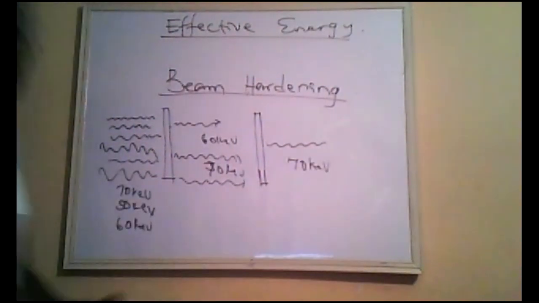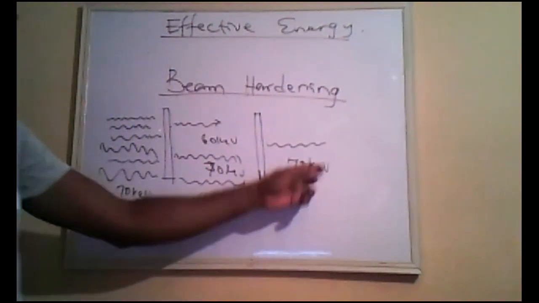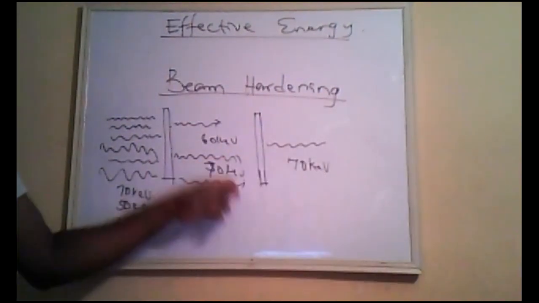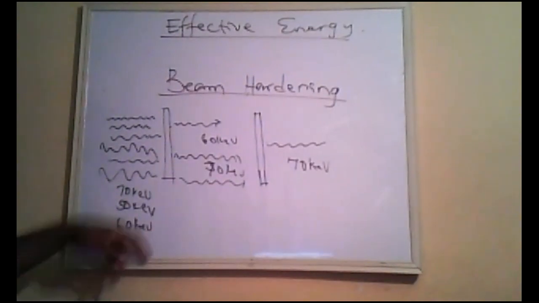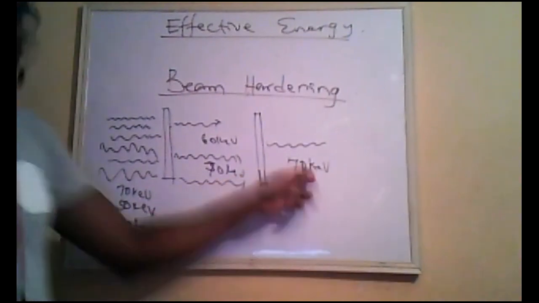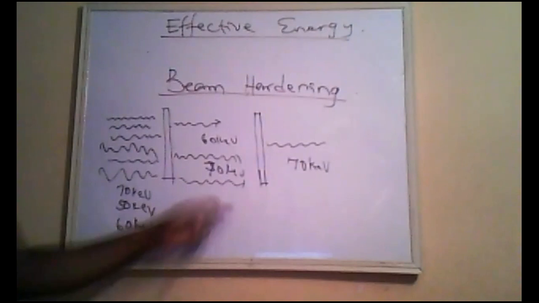So at the end of the day, the more filters you introduce, you can see the effective energy of this one is greater than this. But if you add the whole of this, the mean energy is going to give you a number lower than this. And of course, this one, the energy is 70. This one, the mean energy is 65, and so on and so forth.